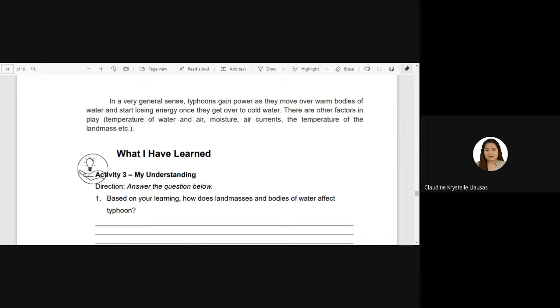It can be temperature of water and air, moisture, air currents, and the temperature of the landmass, etc. Munang mabantayan ninyo, pag ang bagyo naapa sa tubig or naapa sa oceans, kusog yun na siya. Pero once it hits land, naglandfall, hinay na din na siya.